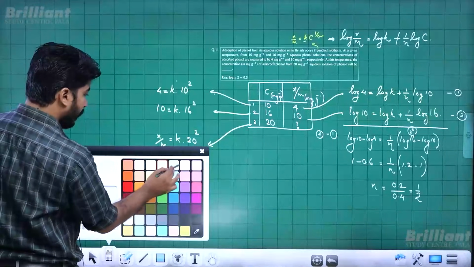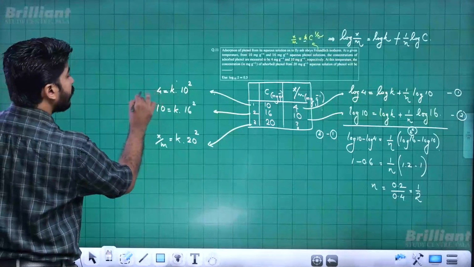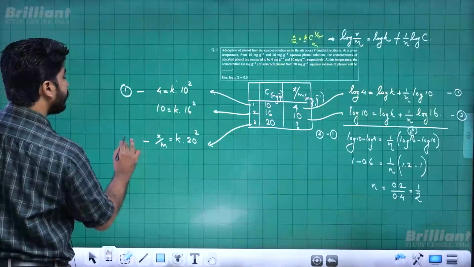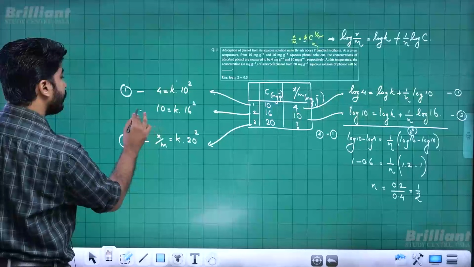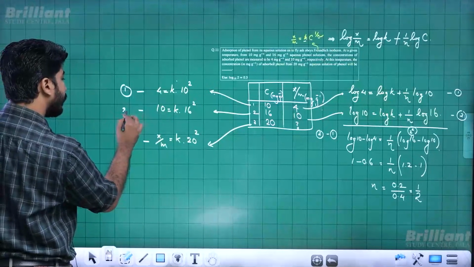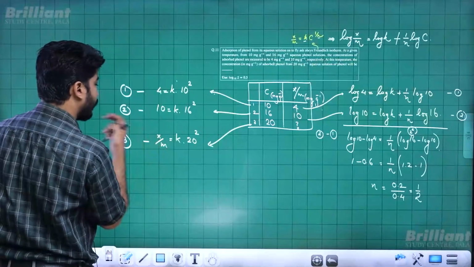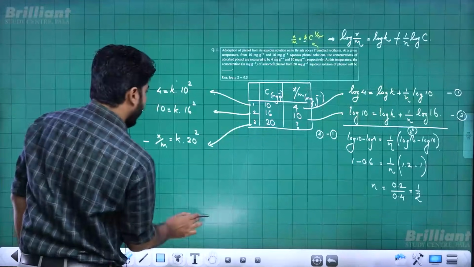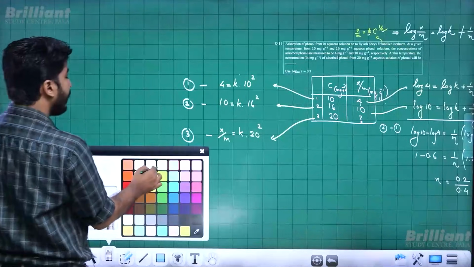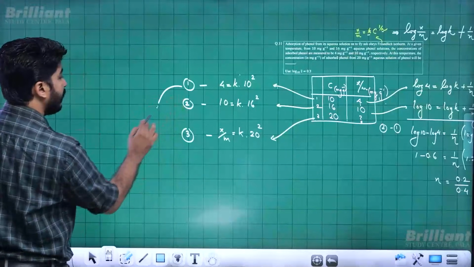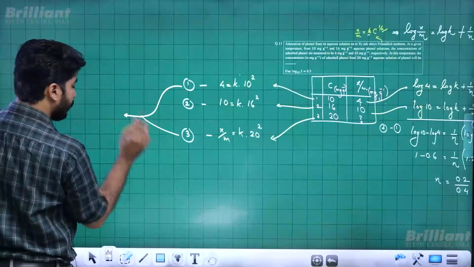Now, we can either use the first and third equations to solve for x by m in the third case, or we can use the second and third in a ratio manner. In both cases, we are getting different answers. That is the other peculiarity of this question.